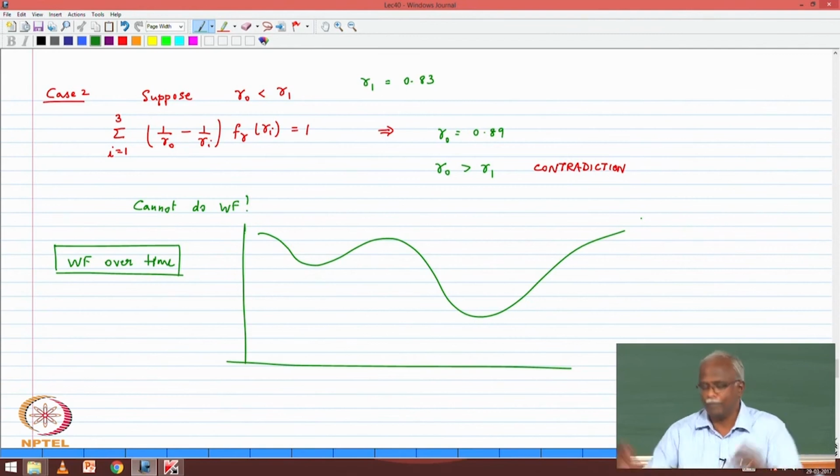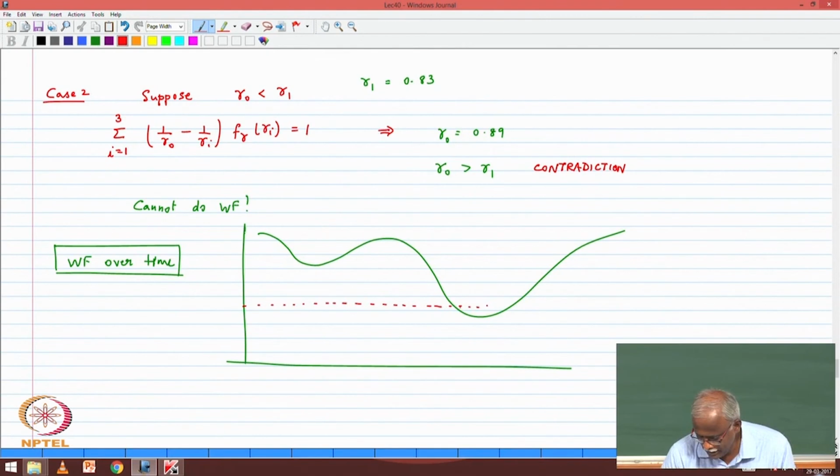It keeps going up and down. And the way to visualize this channel is that there is probably a threshold below which I won't want to transmit. So when the signal is in a deep fade, I will not transmit. So there are zones of no transmission.